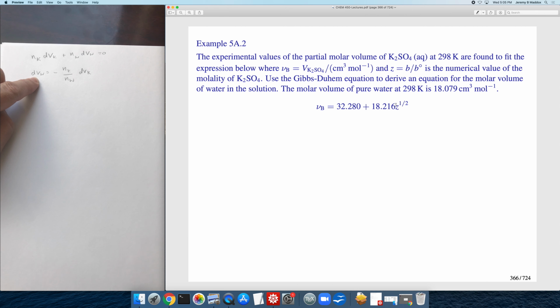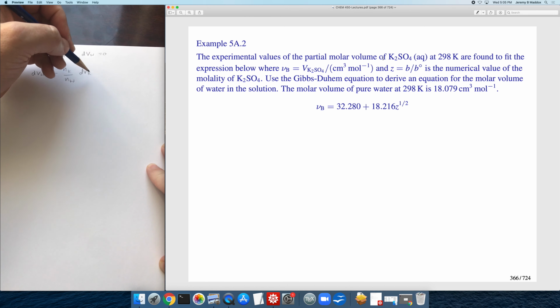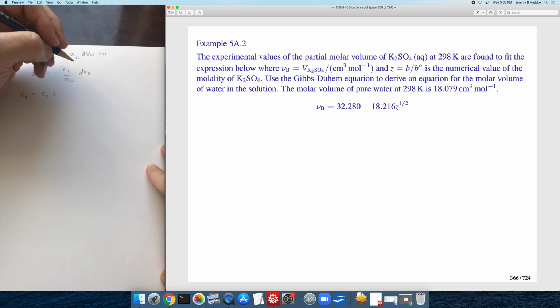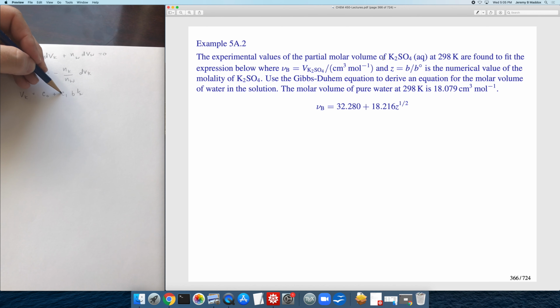So instead of using this Z, I'm going to treat it as if it were the symbol for the molality, which is B. And so before we substitute in, I'm just going to go ahead and write that down. I'm going to write this VK as a number, I'll call it C0 plus the number C1 times B to the 1/2. So C0 is the 32.28, C1 is the 18.216, and B is the molality to the 1/2 power.